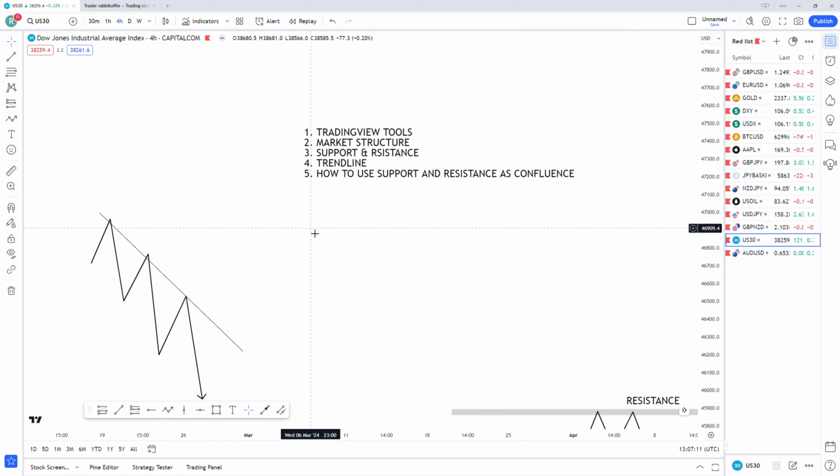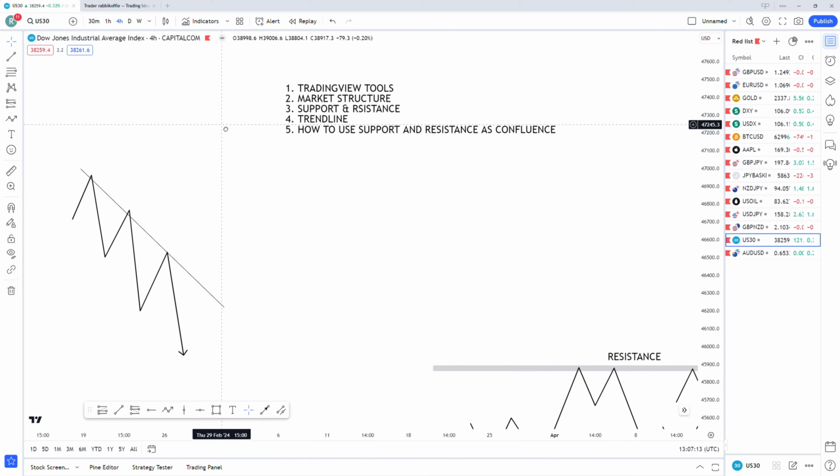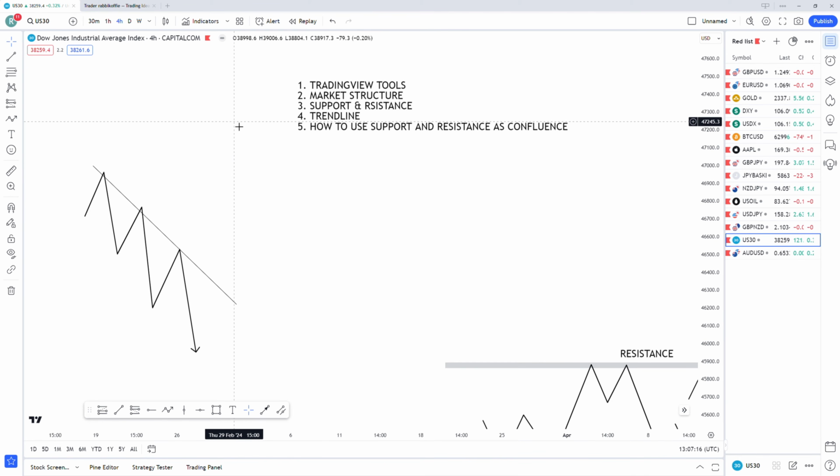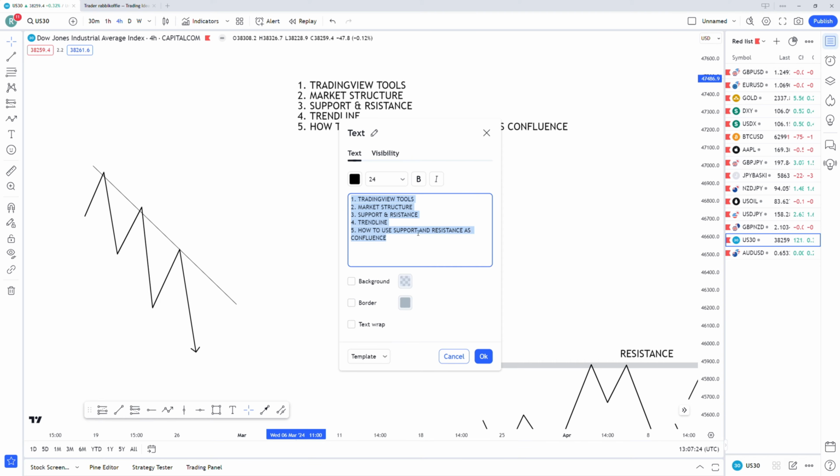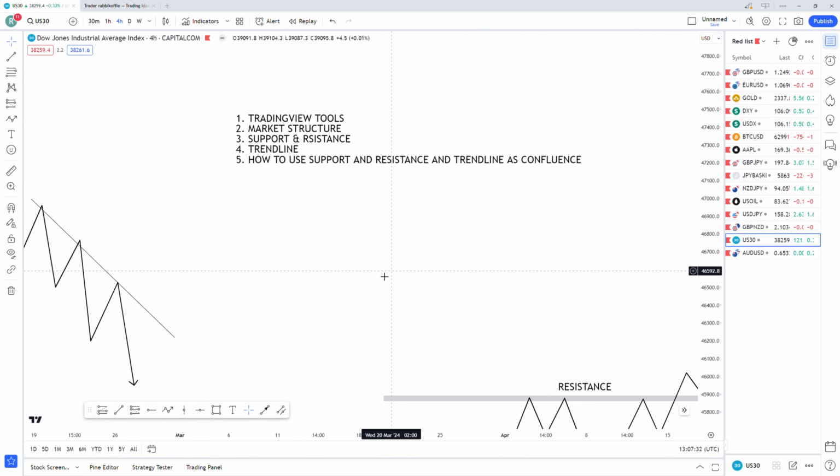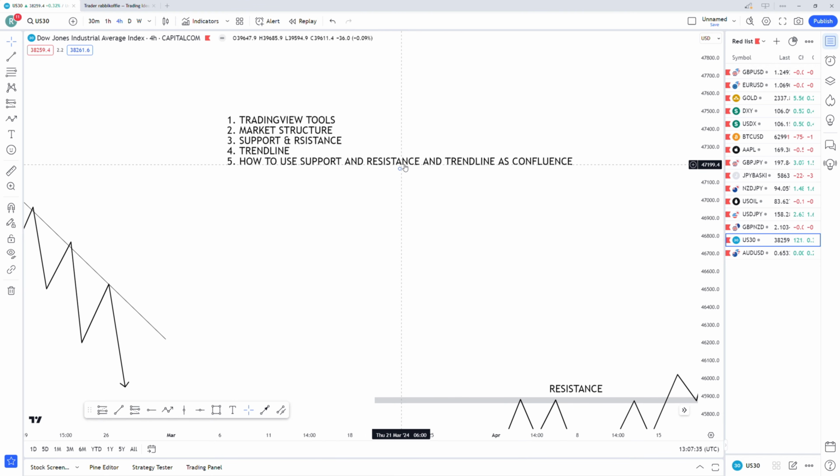So how to use support and resistance as confluence is basically using your market structure in cooperation with the support and resistance and what? Trend line. Okay, I forgot to add a trend line over here. How to use support and resistance and trend line as confluence. Very good. This is it. How to use support and resistance and also trend line as well as confluence.